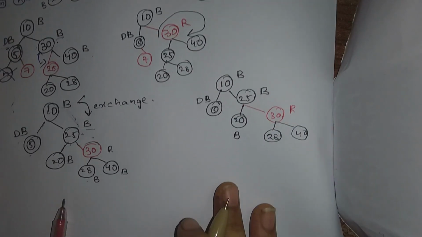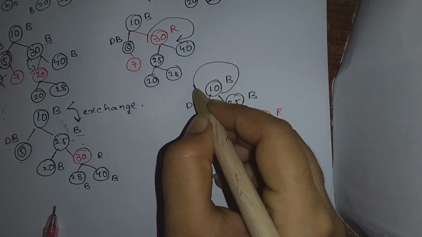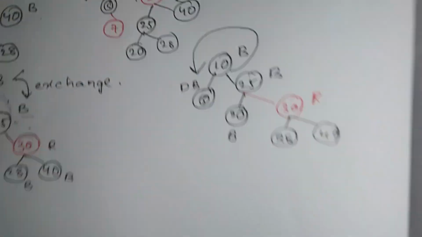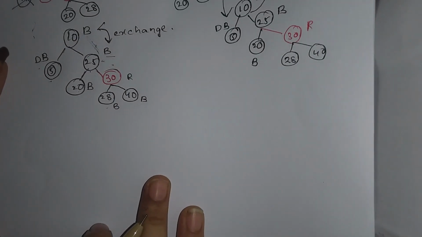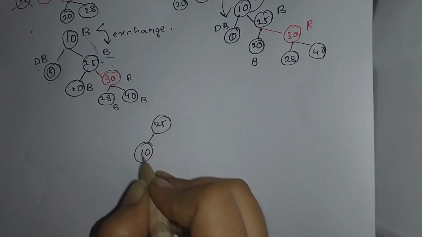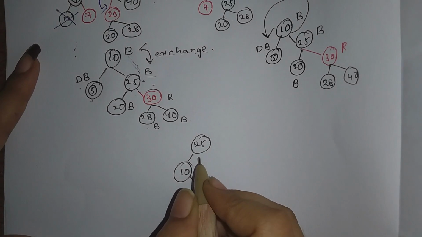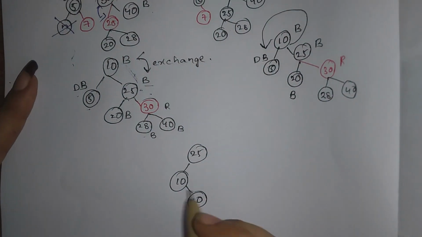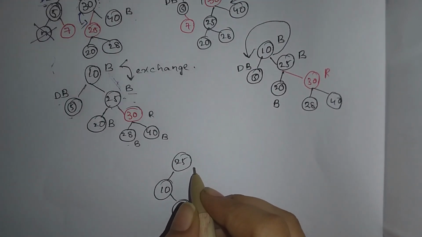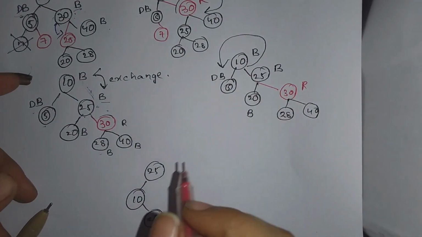Now rotate this towards the direction of DB. After the rotation, the tree would be like this. The single nil element is deleted and the color of 30 is going to change to black.